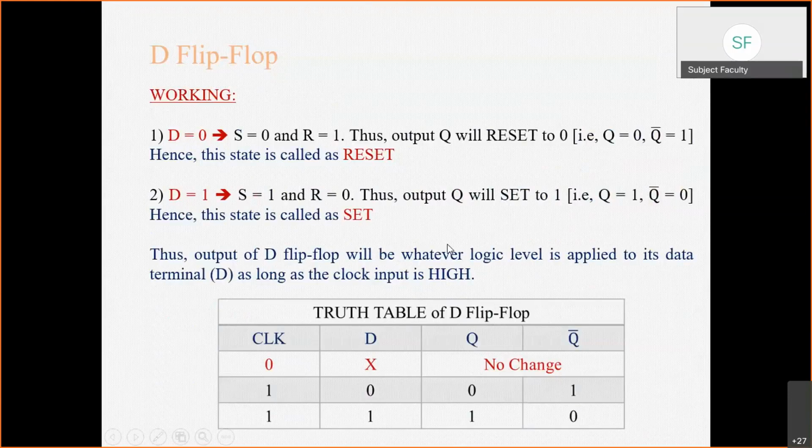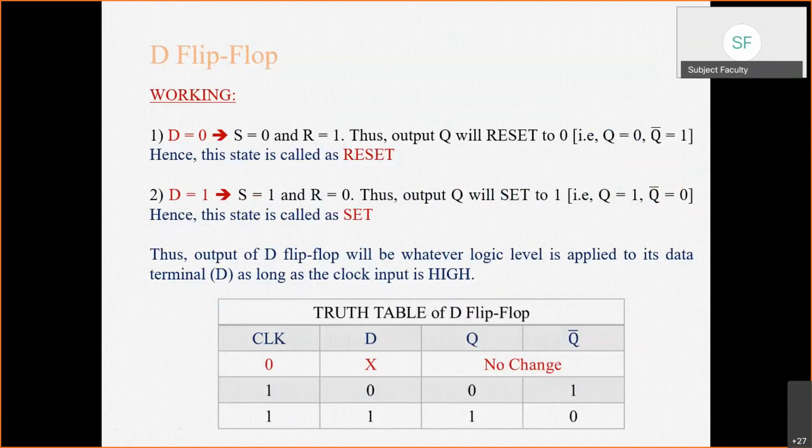If you are having any confusion in D flip flop. Okay, so I guess everything is clear to you now.